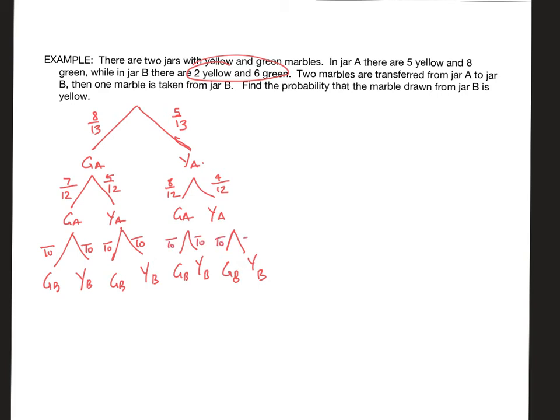But the question is, how many yellows and greens? So like in this scenario, we've added 2 more greens. If you follow the branch down, there are now 2 more greens than this 6. This is 8, right?